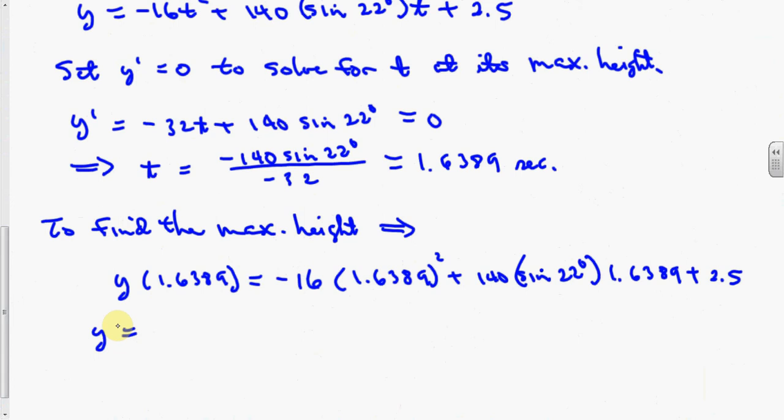Let's see. So negative 16 times 1.6389 squared, plus 140 times 1.6389 times that sine of 22 degrees. Then that's plus 2.5.